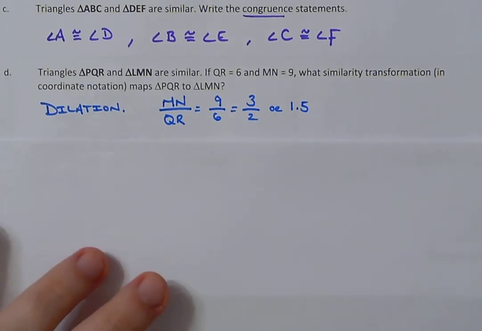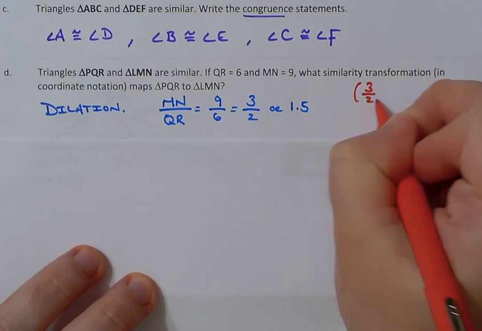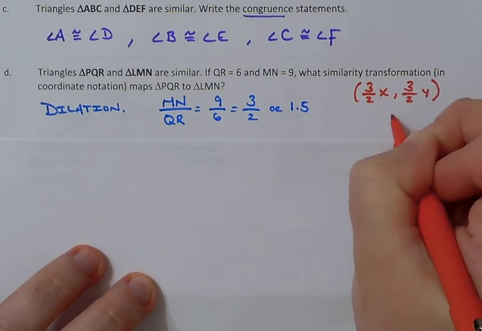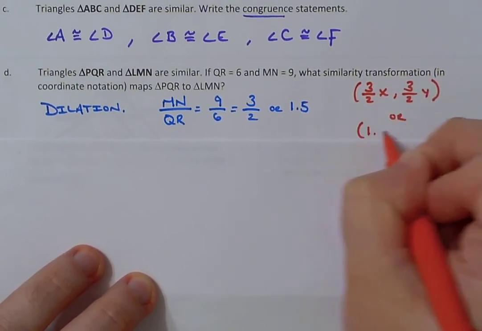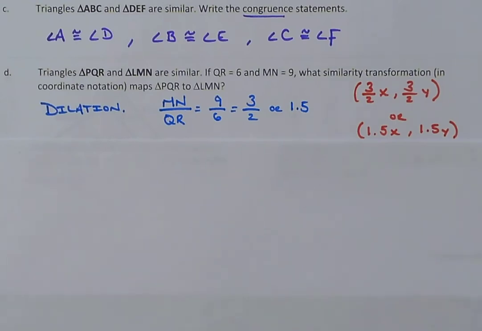to write this in coordinate notation you could either do 3/2 x comma 3/2 y, or you could do 1.5 x comma 1.5 y. Either way works. Both of them are true statements. It just depends if the site would want you to do fraction or decimal. But remember, when you are figuring out scale factor, it has to be the prime over the original, the new over the old.